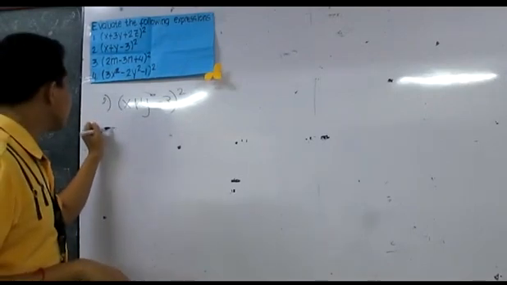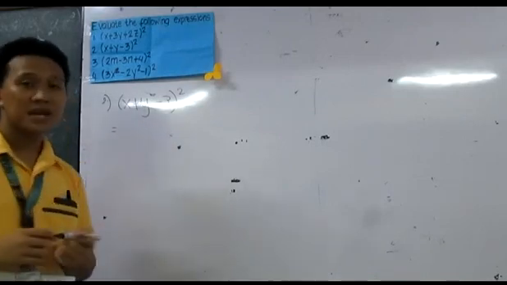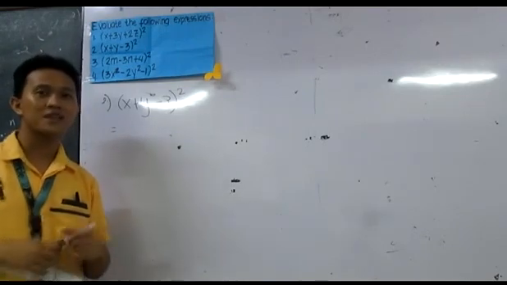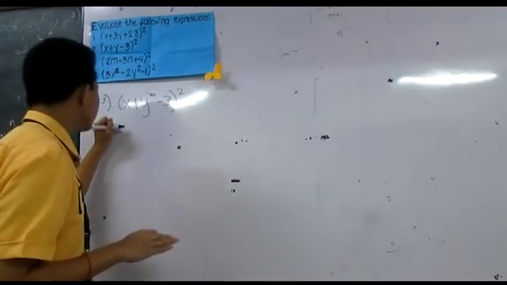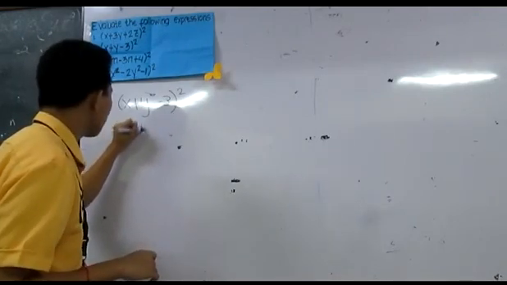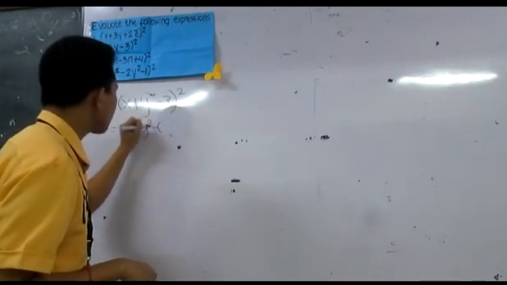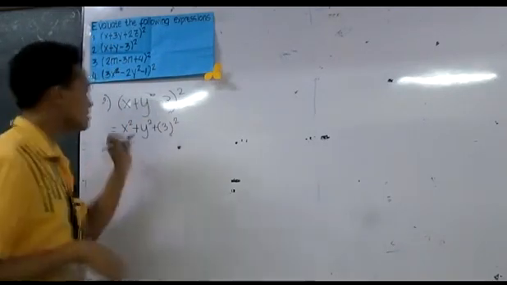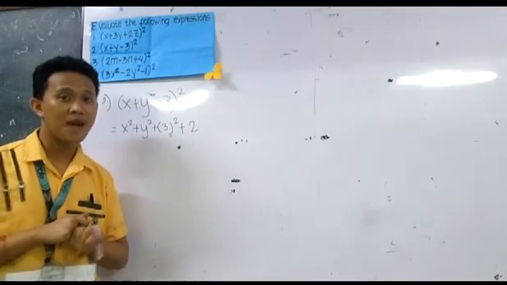x is our first term, y as our middle term, and 3 as our last term. Regardless of its sign, let us substitute the following to the formula. First is square the first term, plus square the middle term, plus square the last term, plus twice the product of the first term and the middle term.